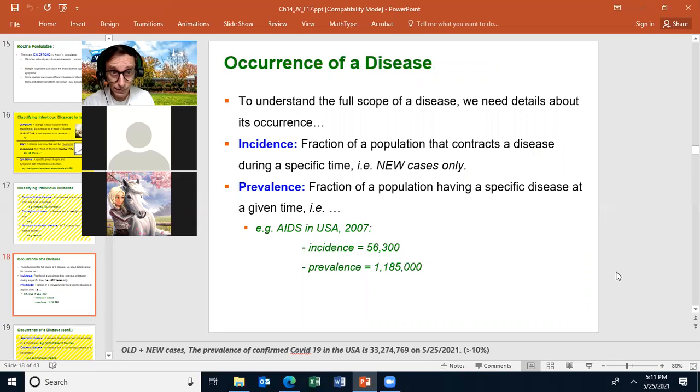This is slightly over 10% of the population of the United States having had confirmed cases of COVID-19. And there's at least another 10% of the population in the United States that have had COVID-19, but they have not been confirmed.